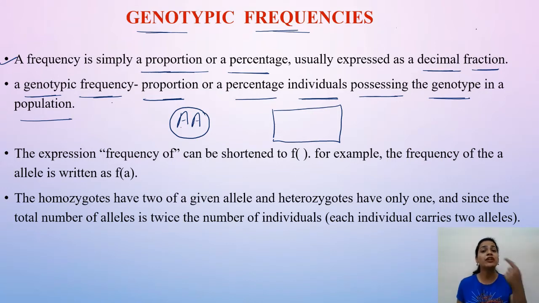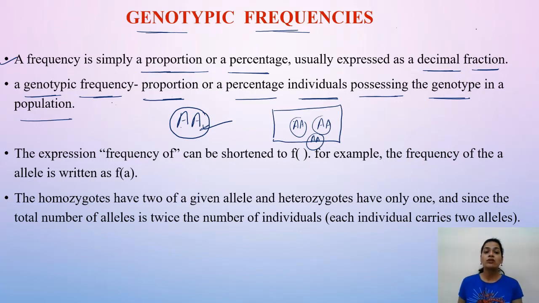It is the proportion or the percentage of individuals which carry this type of genotype in the whole population. That will give me the frequency of a genotype.